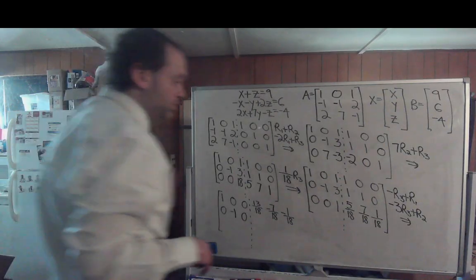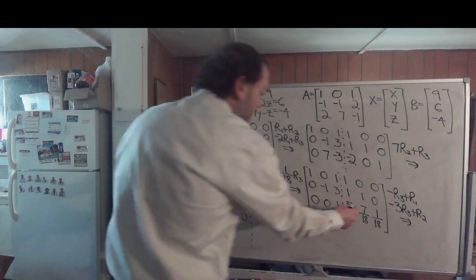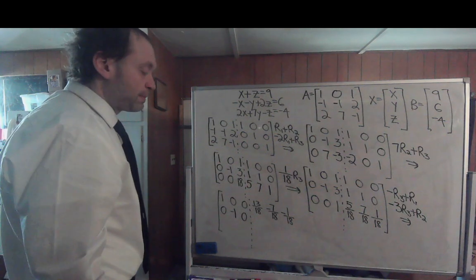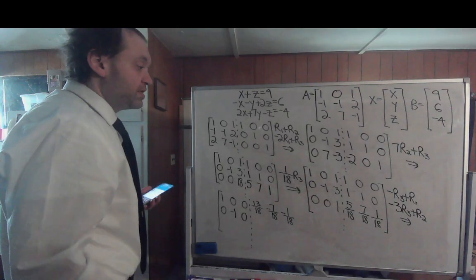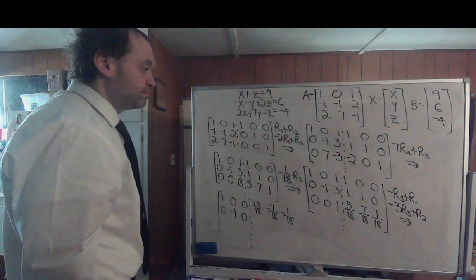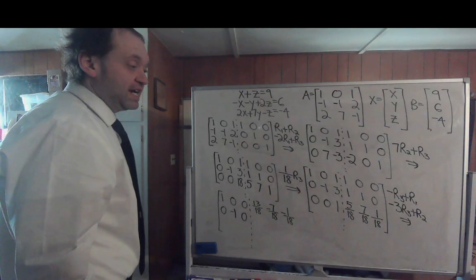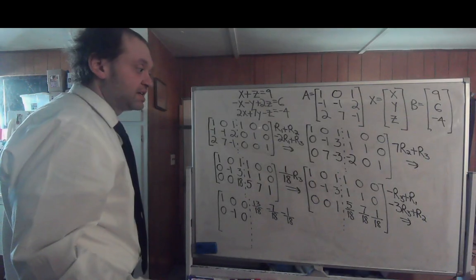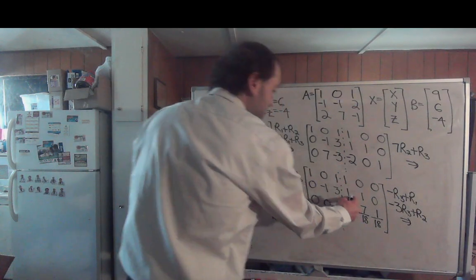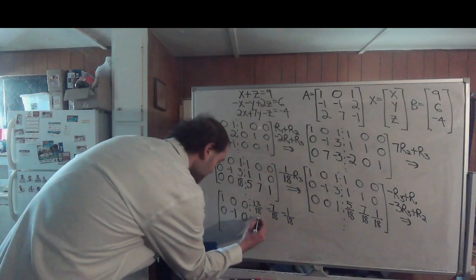Alright, so negative 3 times 5/18 is going to end up being negative 15/18, which would actually reduce to negative 5/6. Negative 5/6 plus 6/6 would be 1/6.